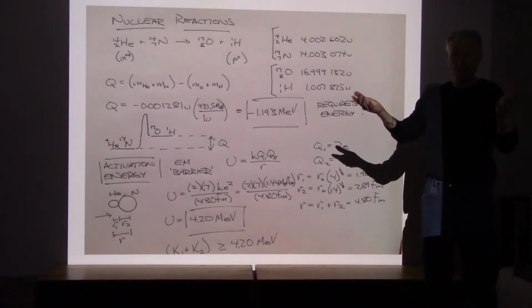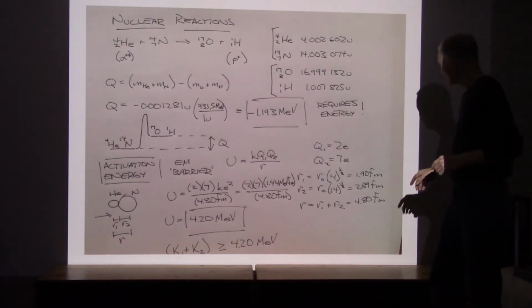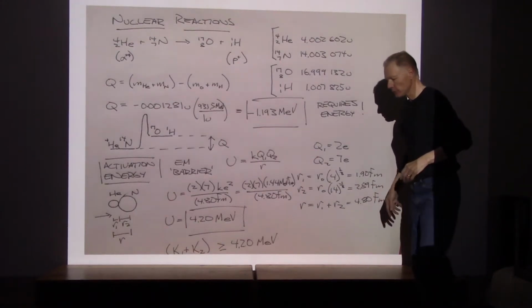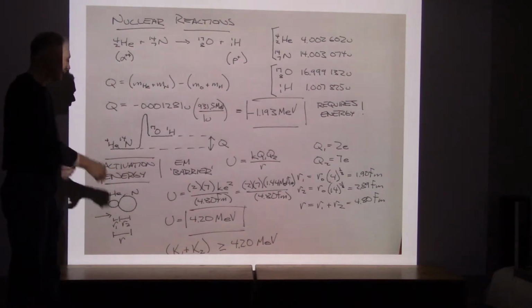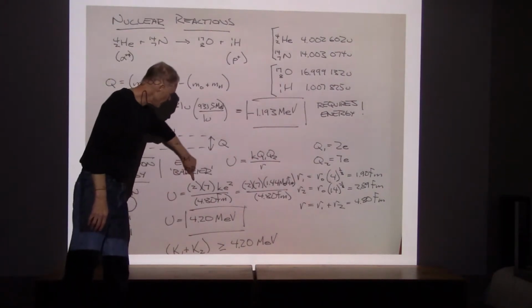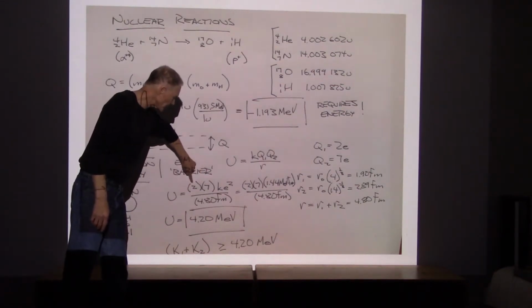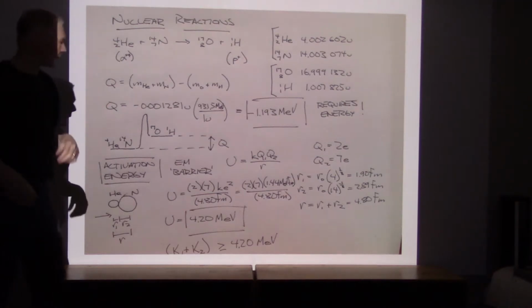So I need to get the two nuclei close enough to each other that center to center there's a separation of 4.80 femtometers. So let's calculate how much potential energy that might be. The potential energy then is, here's that factor of 2 and 7 from the number of protons in each of the two nuclei.